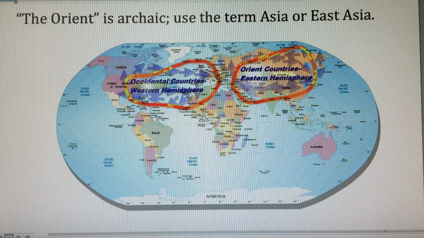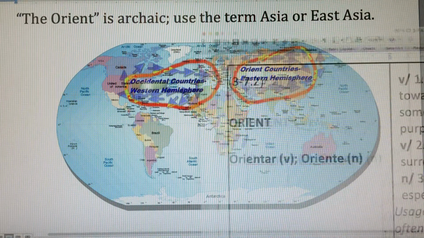So when we refer to countries in Asia, just use Asia or East Asia. It's more accurate, and the term Orient has a lot of connotations, sometimes negative connotations that Asian people or Asian Americans in the United States consider offensive or are sensitive to. So it's just better not to use it.